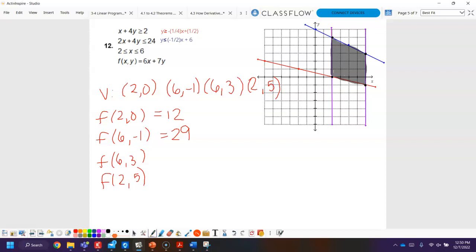But a lot of these numbers are duplicated. So the 6 was already typed in that I needed. And then highlight it and type in my 2 and 5. And honestly, sometimes it's faster to do mental math. It just depends on how big the numbers are. So this is my max. This is my min.